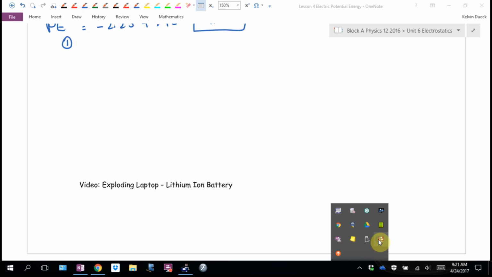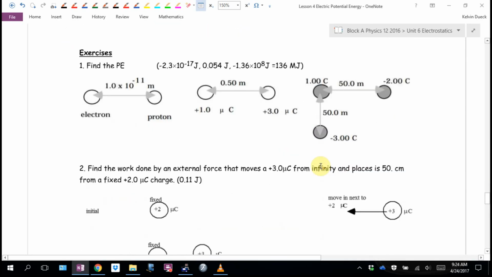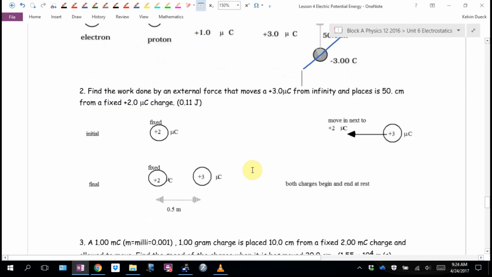Okay, pencils down, look up. What's your homework? Number 1, except you can cross out the third diagram. Number 2 is good.